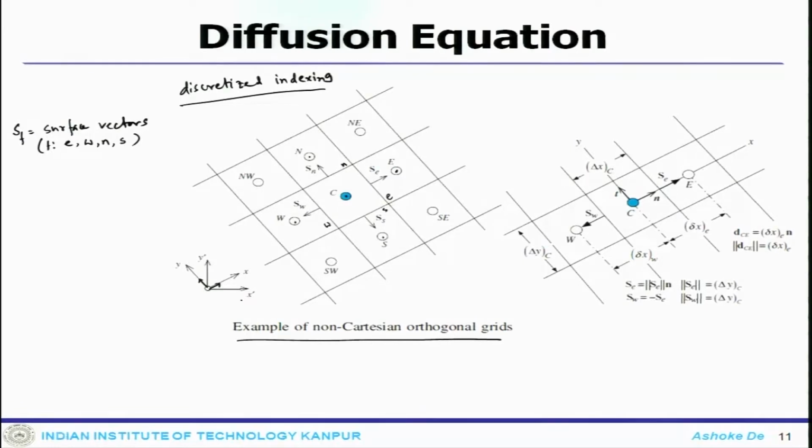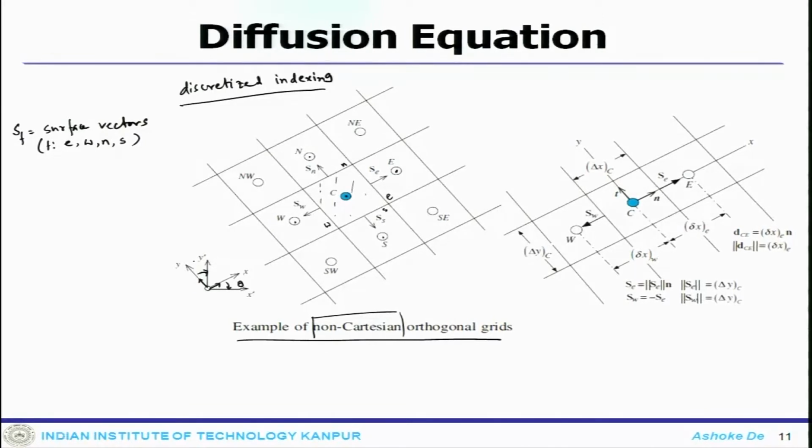Now, that is why it is a non-Cartesian system, but still it is orthogonal. The reason is that when you consider a particular element C, all the surface vectors of the surrounding elements are nicely ordered. The only difference is that the whole grid system has been shifted by an offset, or by an angle theta.